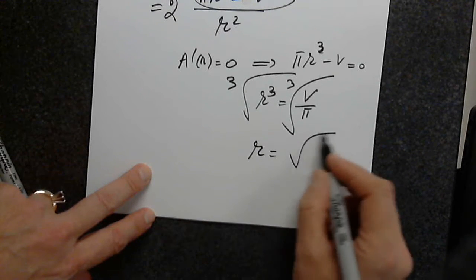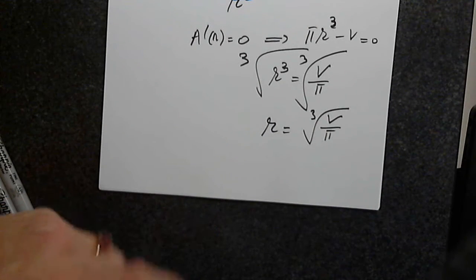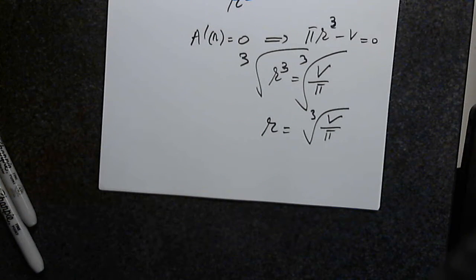So r equals the cube root of V over pi. So the question was asking us to find the dimensions of the can that minimize, right? So find the dimensions that will minimize the cost of the metal to make the can.